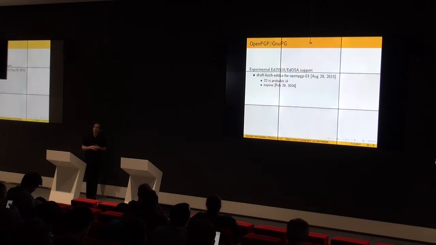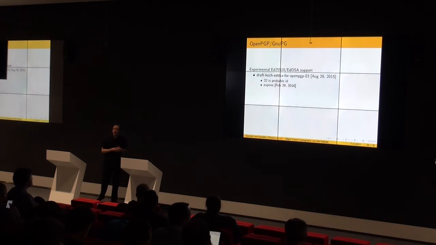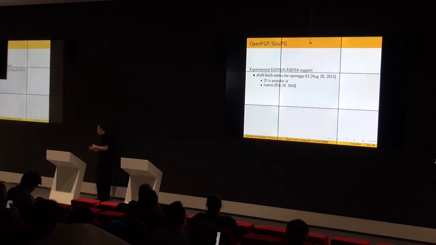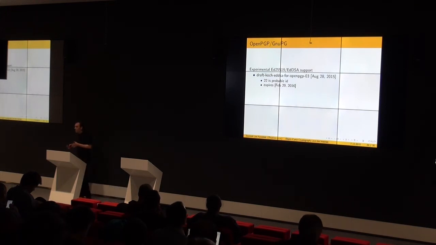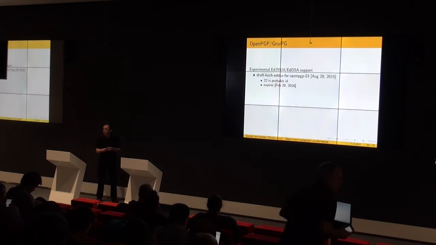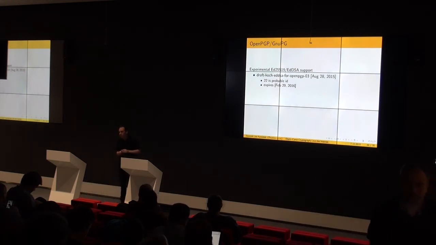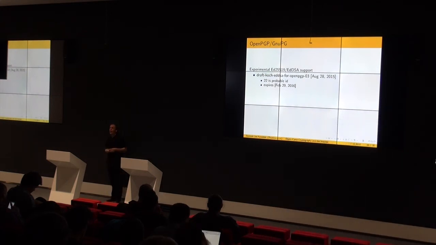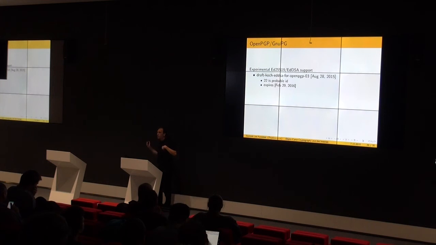The latest third version is from August this year, and apart from the format and how to use EdDSA, it allocates a new ID for the algorithm. I think it will be because there's no other standardization process with OpenPGP going on right now. It will expire in February, so let's see if it is the final one, I hope.